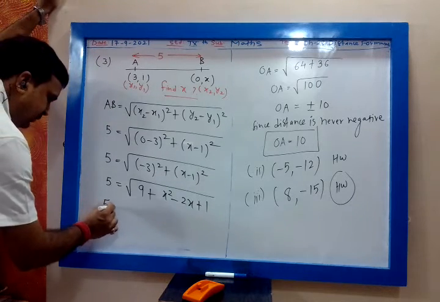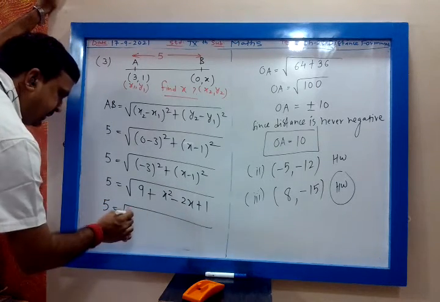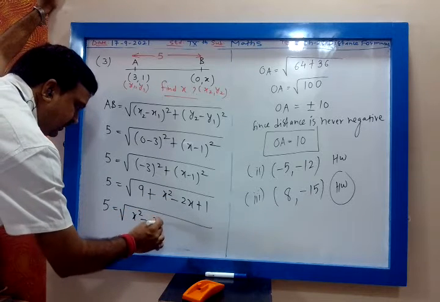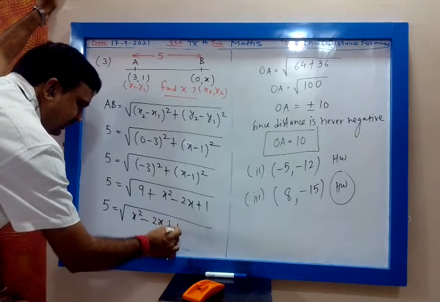So 5 is equal to square root of x square minus 2x plus 9 plus 1, 10.